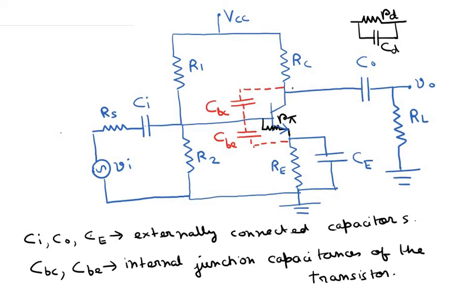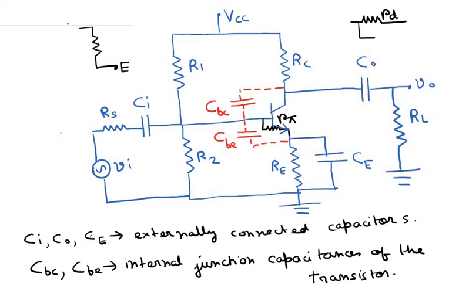Here also, because the base to emitter junction is a diode, a PN junction, this small signal resistance R pi comes in parallel with CBE. If we assume that CBE is an open circuit, then only can we replace the base to emitter junction by this resistor R pi, which we have done.